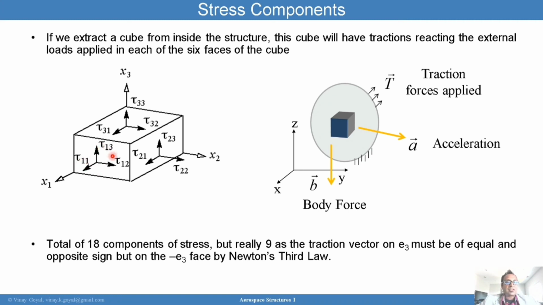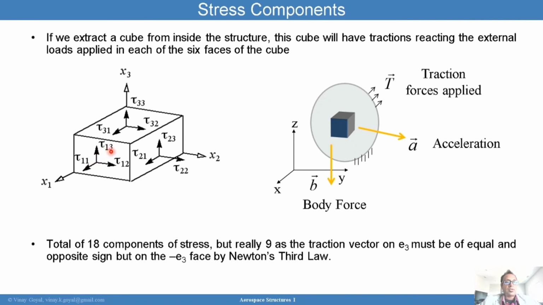1 is a phase on which that traction vector is acting, and the second index corresponds to the direction it's acting. In this case, 1 is the 1 phase, so that makes sense. And then I have 1, the second index, 1 shows the direction that traction, that stress is acting on.